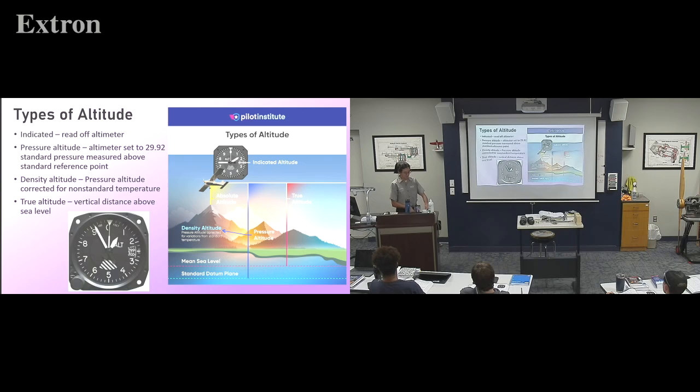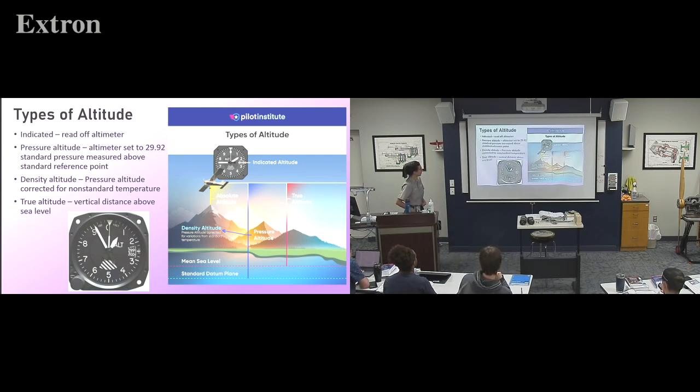So now, we are going to talk about types of altitude because yes, we like to make it confusing. If you've been through private pilot ground school, hopefully this will be familiar to you. So, four types: indicated, pressure, density, and true.